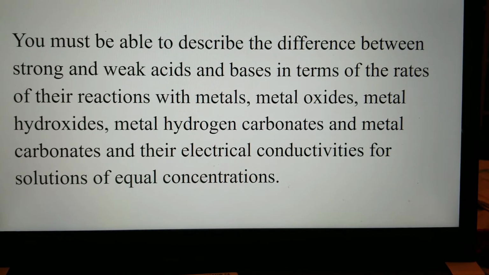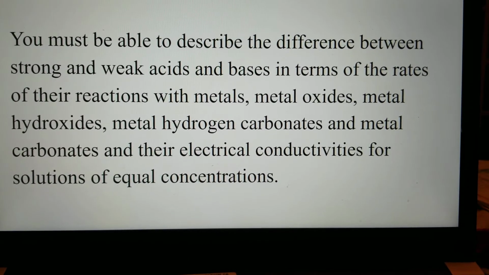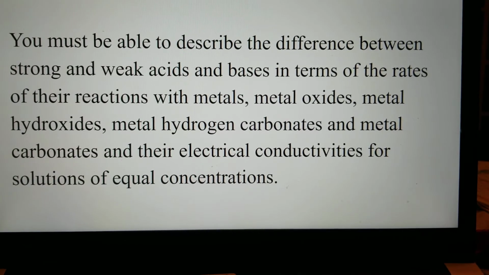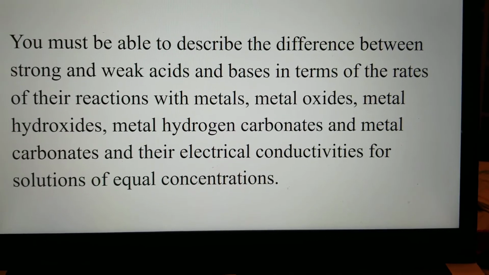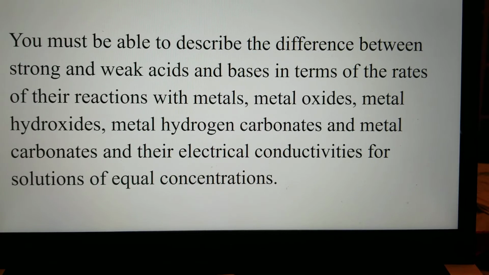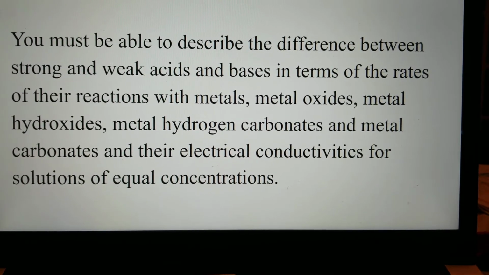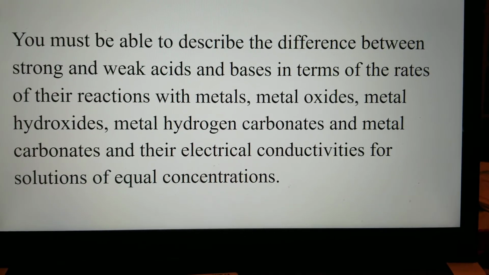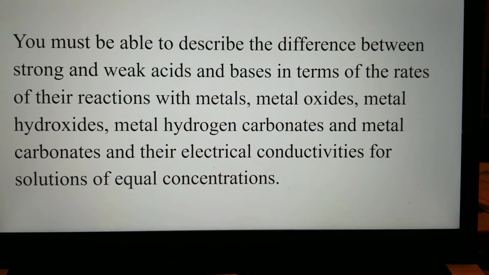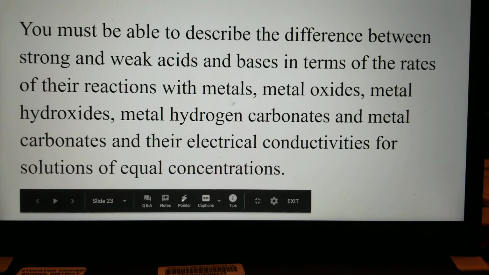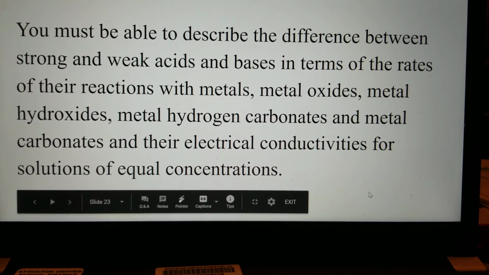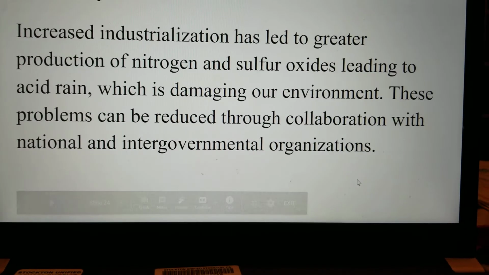You just have to be familiar with those and describe them and explain what kind of products they produce. And based on the products they produce, you're able to discuss whether they are weak or strong. And then you could talk about their conductivities as well.